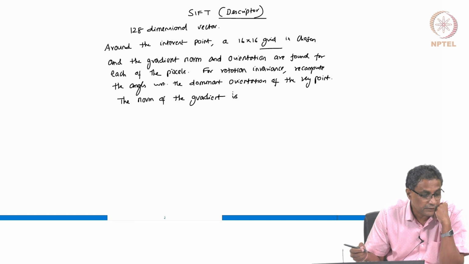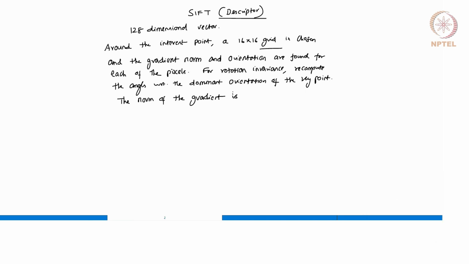Again, I think it is something like 1.5 sigma is what they say. This is again a hyperparameter. If you are at that scale, then you take a Gaussian weighting of 1.5 sigma.